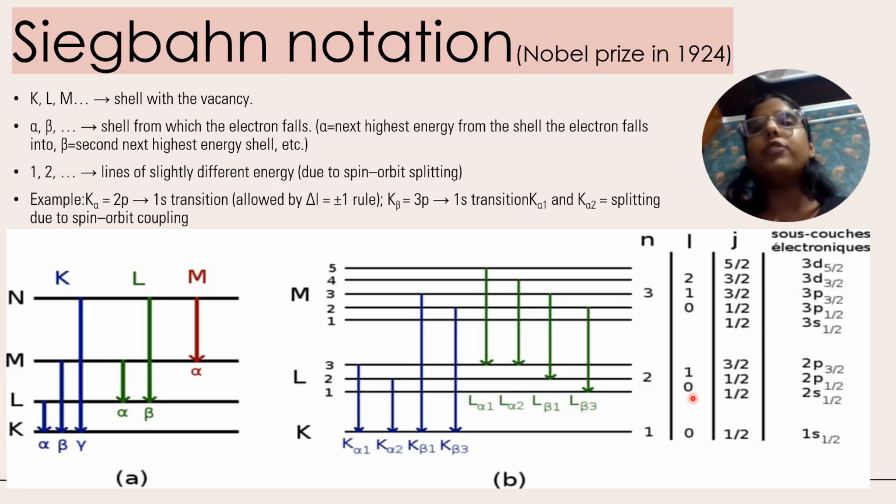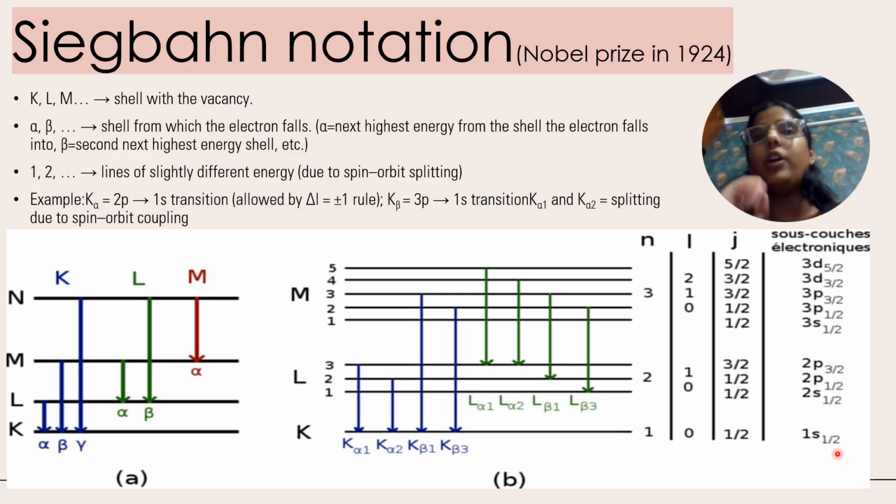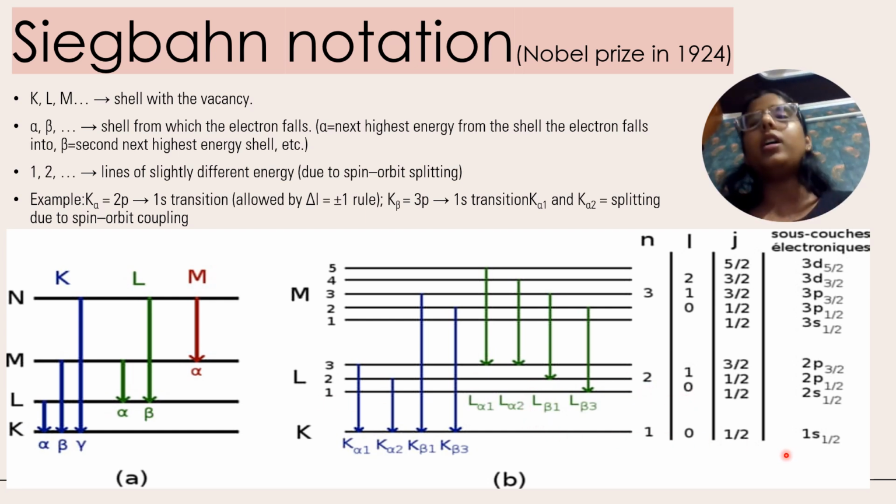Which means of the two subshells 0 and 1, the electron is coming from 1, that is the p subshell, to 0, that is the s subshell, because it cannot come from s to s, as the value of delta l would be 0, which is not allowed. This leaves us with p, which means that the electron is coming from the 2p subshell of the second principal quantum number to the 1s subshell or 1s orbital, because it contains only one orbital, 1s.